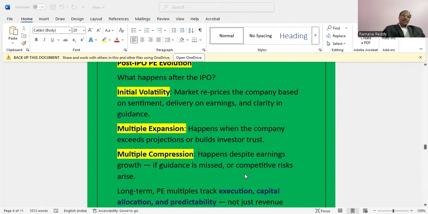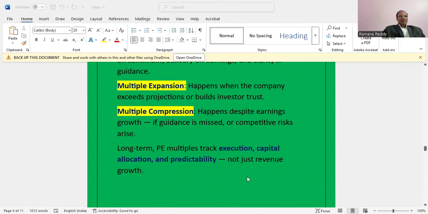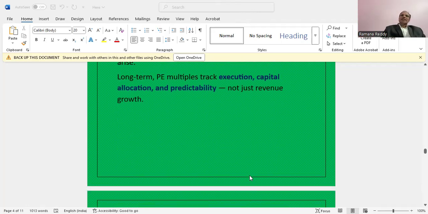Multiple compression happens despite earnings growth if guidance is missed or competitive risks arise. Long-term PE multiples track execution, capital allocation, and predictability, not only revenue growth.